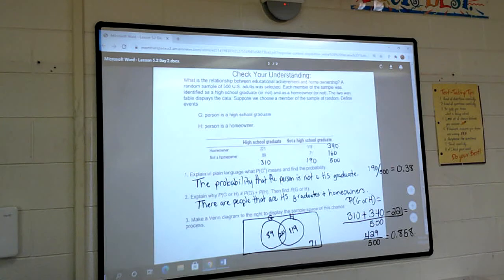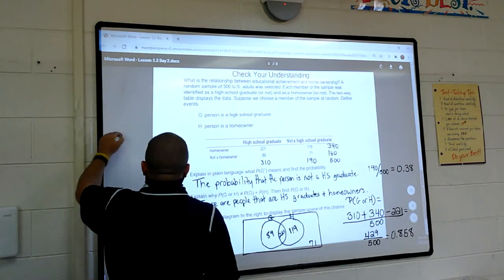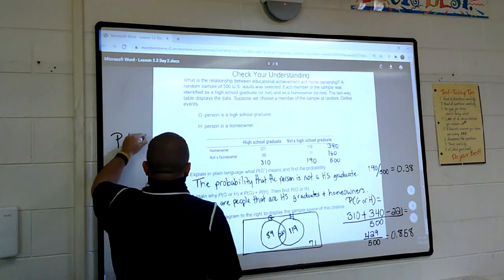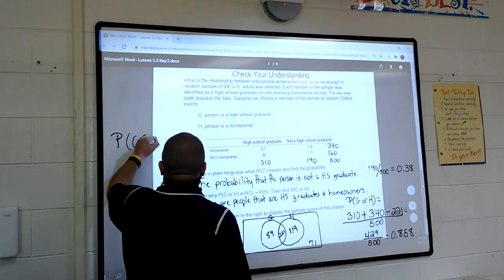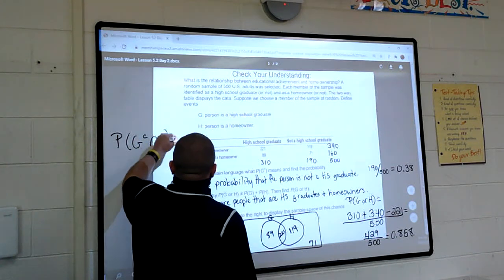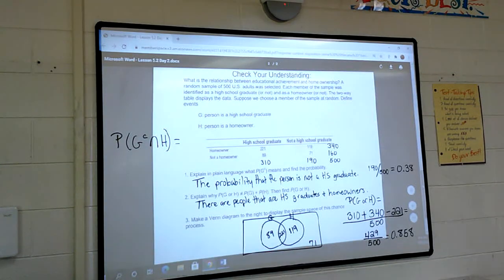So question number 4, that's not on the board, but I can read it. Write the event is not a high school graduate, but is a homeowner, and find the probability. So this is the probability that they're not a high school graduate, so the complement of being a graduate, and they are a homeowner. So where is that number?